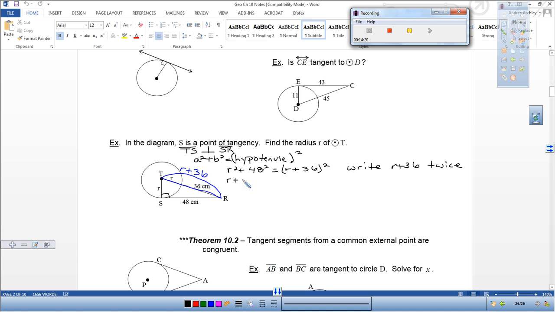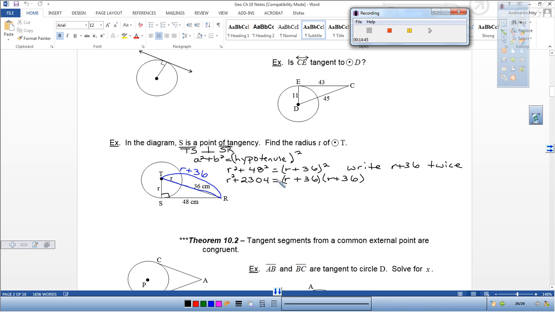So we're going to get R squared plus, I'm going to square 48 right now, and get 2,304. And then I'm going to write this out twice: R plus 36 in parentheses times R plus 36.